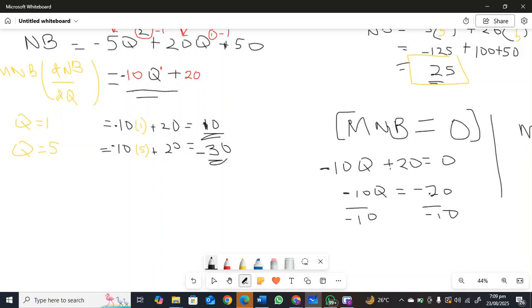So negative 20 divided by negative 10, that gives us 2. Okay, so net benefits are maximized when q equals 2. Any questions?